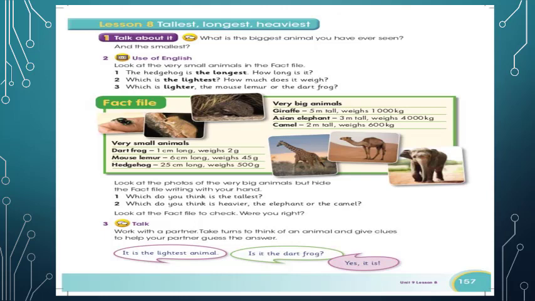You said that you have seen a giraffe, an elephant, a camel, and rat, frog, mouse, and hedgehog. These are wonderful answers. Your answers were correct as usual. These are my intelligent students.